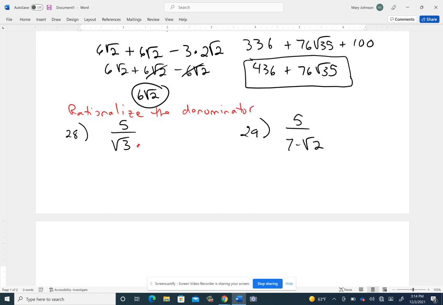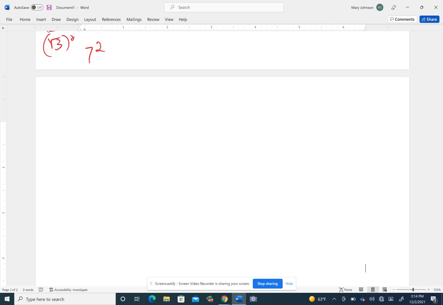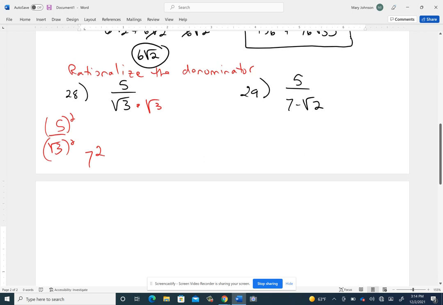Then what we need to do is multiply by the square root of 3. All right, you can't do this. Some of you did this. But see, that's not mathematically valid. You can't take a number like 7 and just decide to square it. You're going to wind up getting something bigger. It's not equivalent to what you had. So it's not just squaring top and bottom. That's not valid.